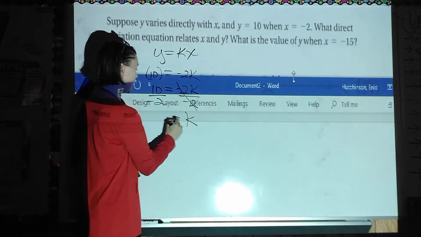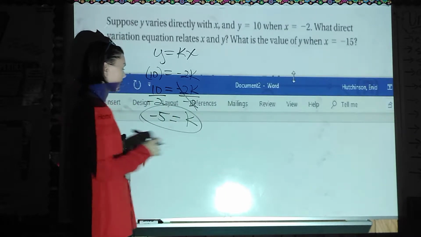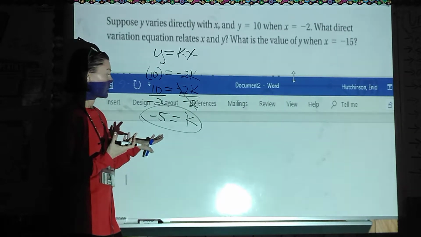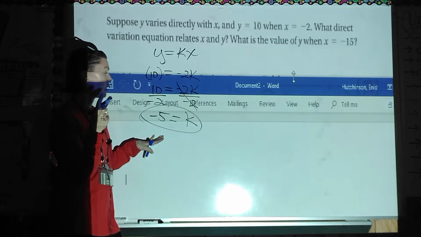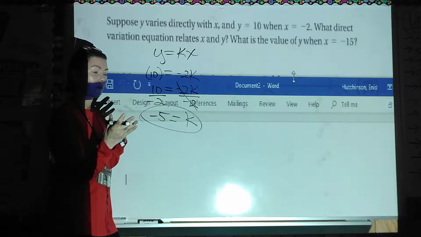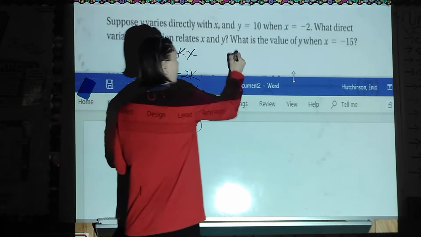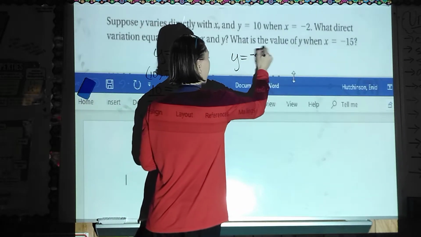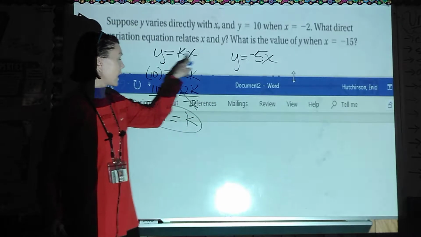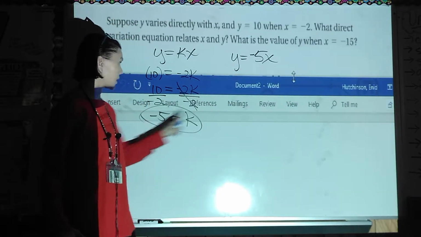And k equals -5. Here's our k. So step 1, solve for k. Step 2, put it in your direct variation, okay? Y equals -5x because our k goes here, right? K is equal to -5.